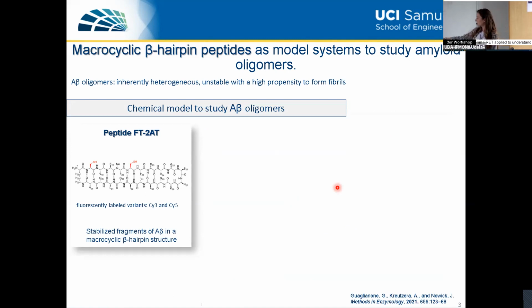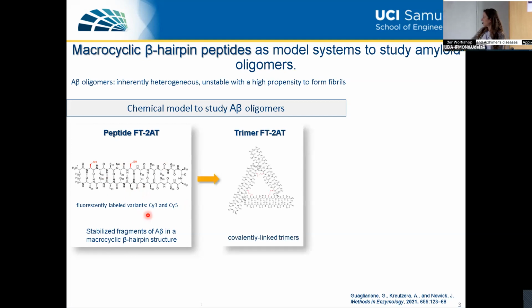They first stabilized these A beta fragments in macrocyclic beta hairpin structures, and then they covalently bound these peptides into trimers.